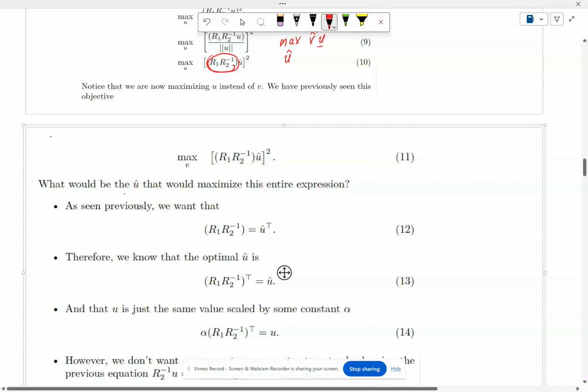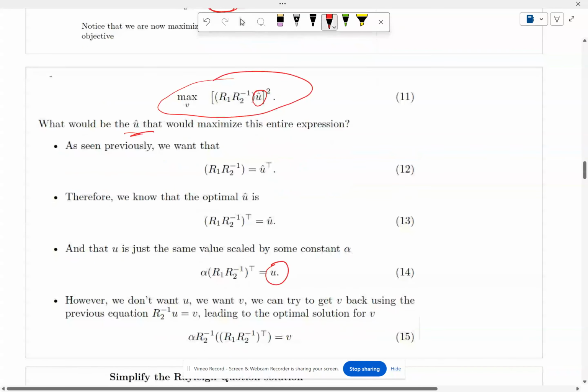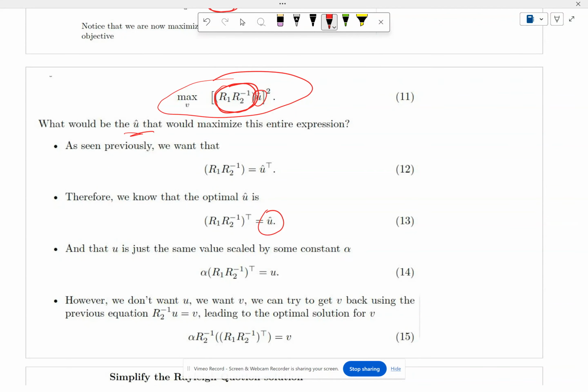So, what would be the u hat that maximizes this whole expression? Well, like I told you, then u hat must essentially equal to its complement component, okay, which is right here. And u hat is just essentially u multiplied by some constant.